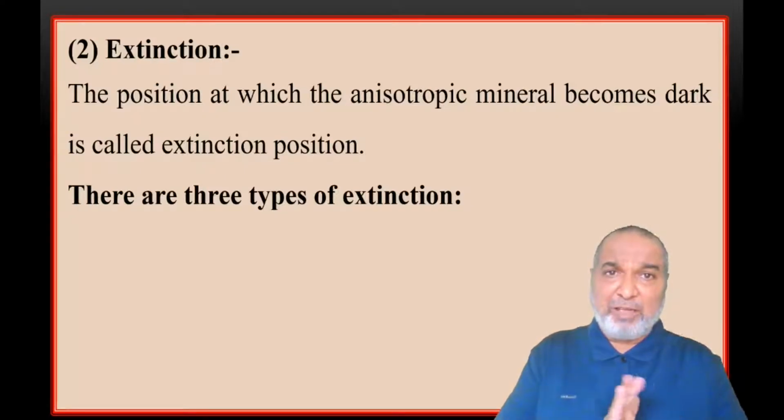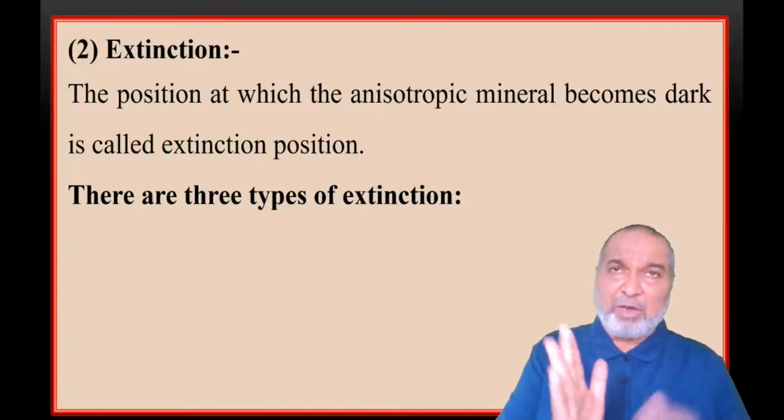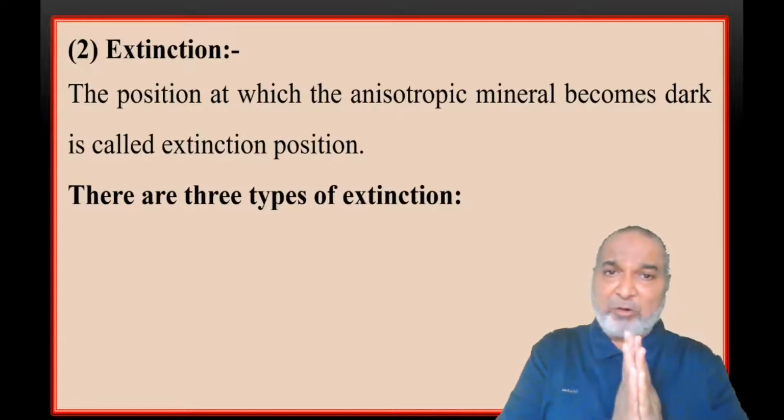The first one: take out your analyzer, the simplest way, and make cleavages parallel to the vertical crosswire. You can easily make it out in plane polarized light. Insert the analyzer.